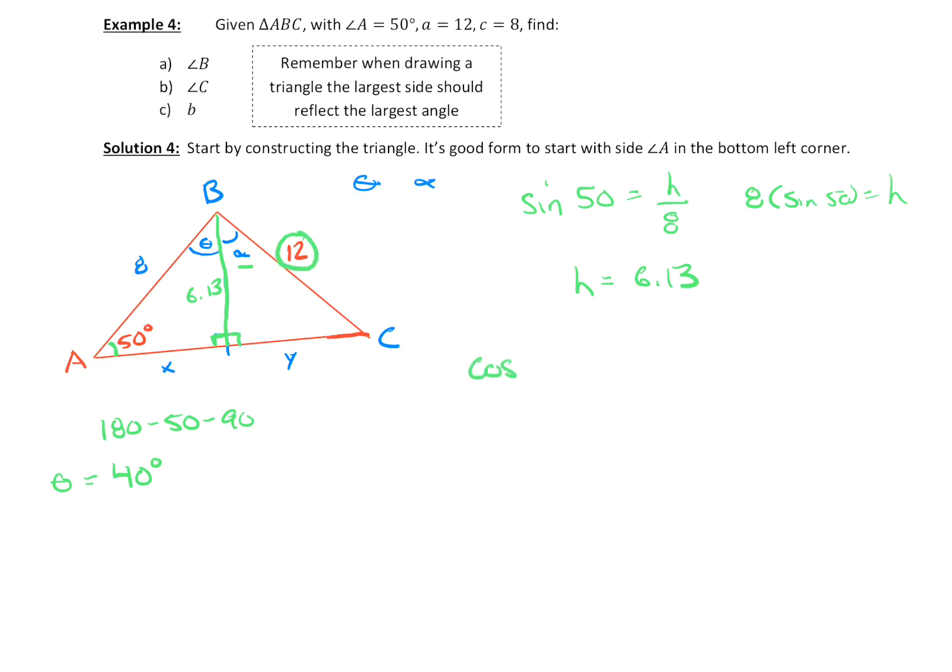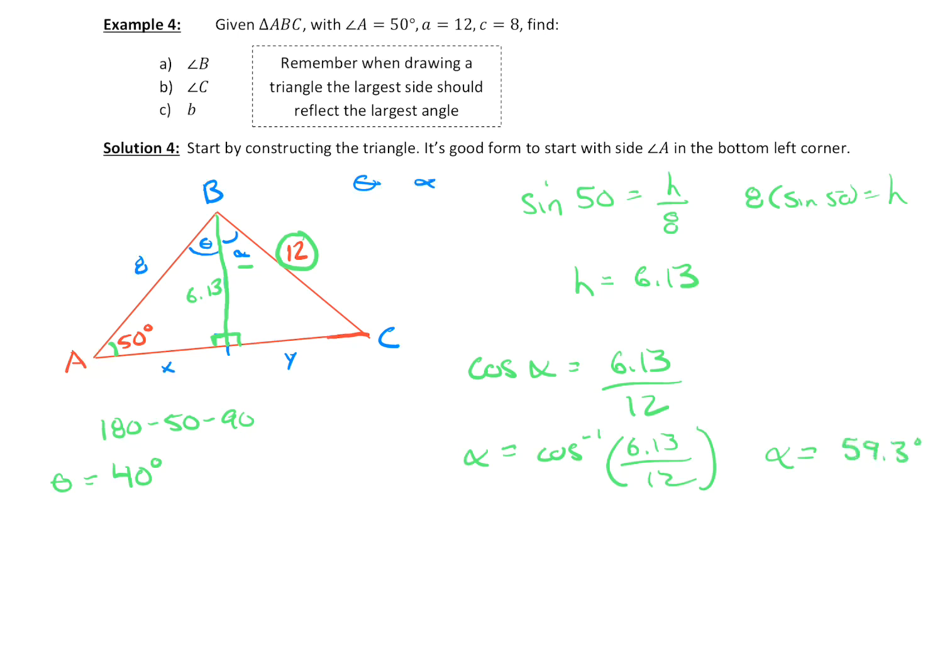So cosine of alpha is equal to the adjacent side over the hypotenuse. So alpha is equal to the inverse cosine of that ratio. So angle alpha is equal to 59.3.